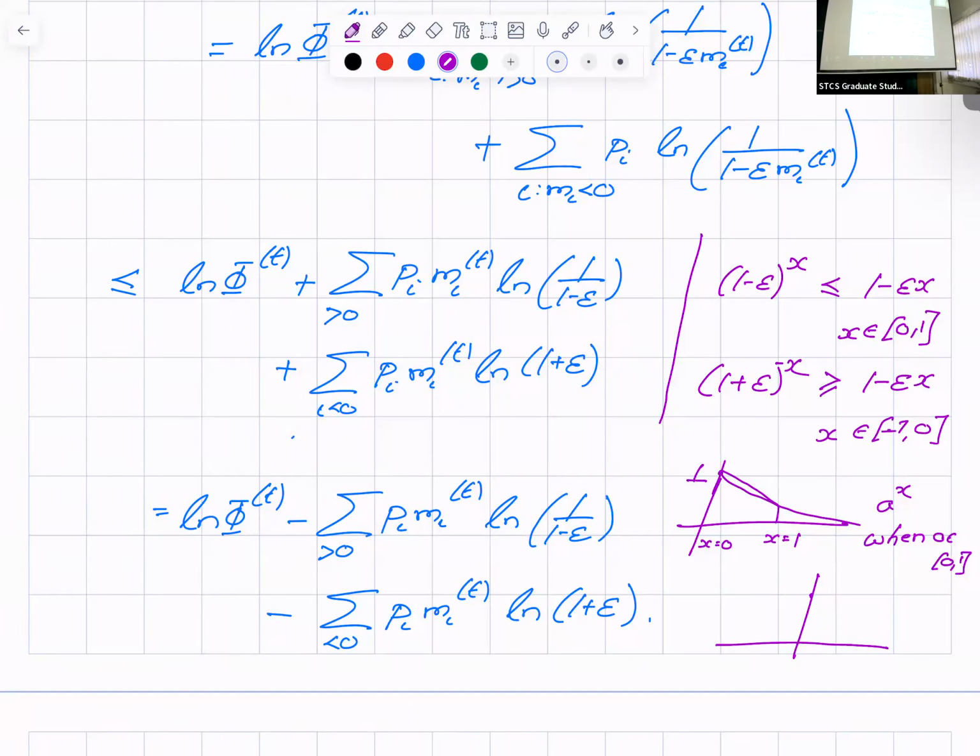It doesn't go the right direction for me, no? Let's see, writing this, the book. I think since mit is less than 0, they're taking 1 plus epsilon mod mit there.